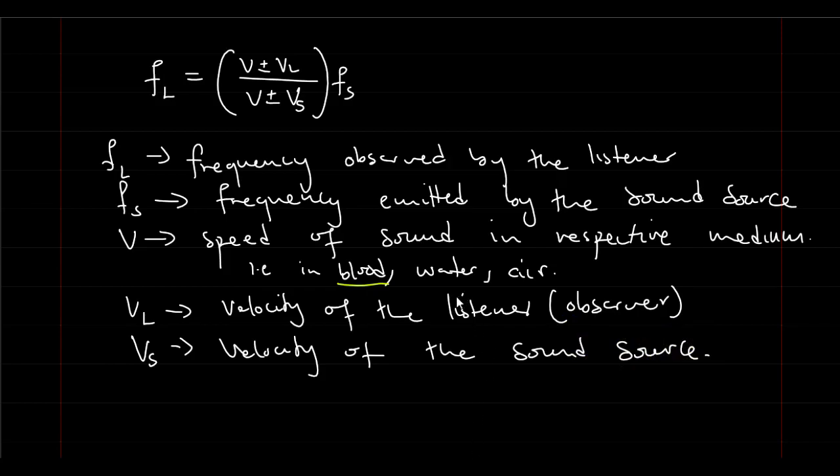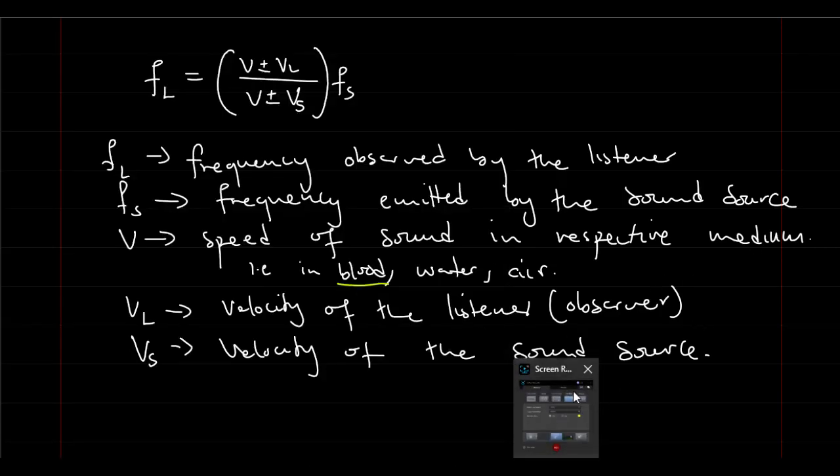Alright, so now we've only talked about two scenarios whereby the source is the one that is moving. So I want to talk about a scenario whereby the observer is the one that is moving, but the source is stationary. Unfortunately, I will not have time to draw it.